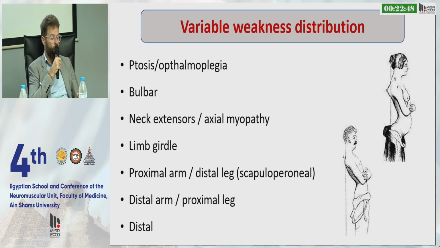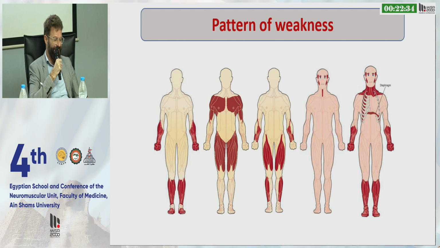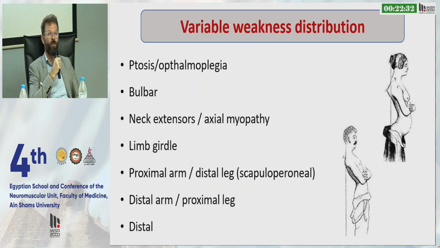Very important in children is to appreciate the axial weakness. In many congenital myopathies, you have a prominent axial phenotype with a patient that cannot raise the head from the bed. So you need to check the neck extensor, the flexor, and also the abdominal muscle.